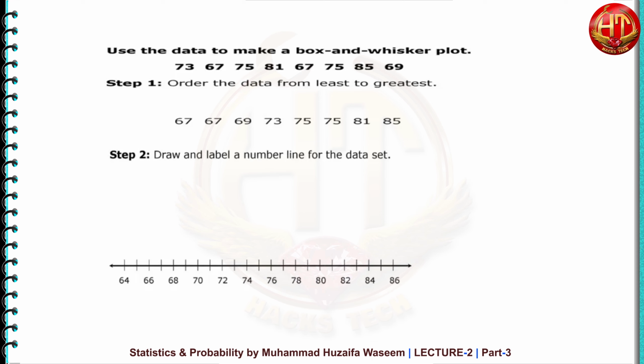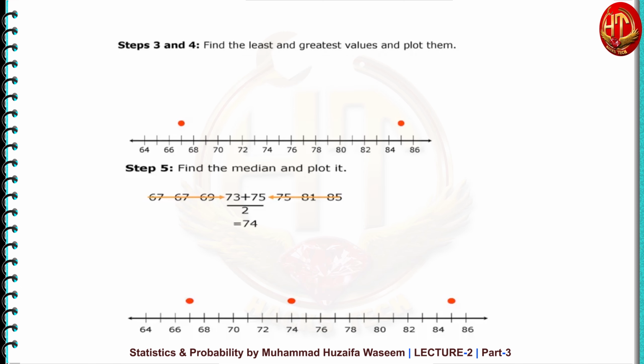After arranging the series in ascending order, draw and label a number line for the data set on the x-axis. Your third step is to find the smallest and greatest value, find the minimum and maximum value and plot them.